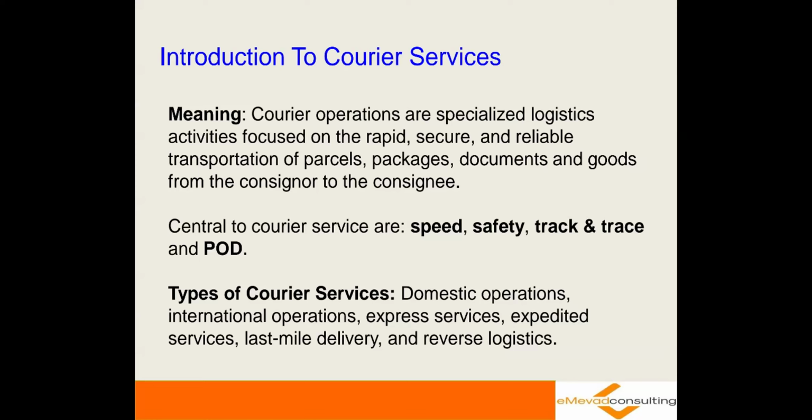Then international, if you cross the border of a country, that is, you go from Nigeria to Niger, to Cameroon, to Ghana, to Togo, to the rest of Africa, to Europe, to the United States, to the Americas, to Australia, and the rest of them like that. You are running an international operation. Express services are services that are done with maximum speed and time.